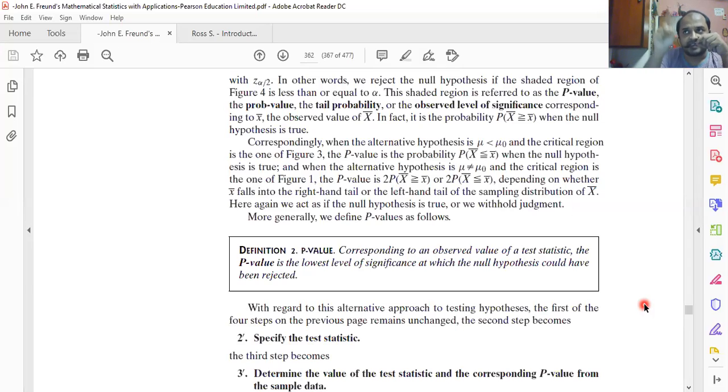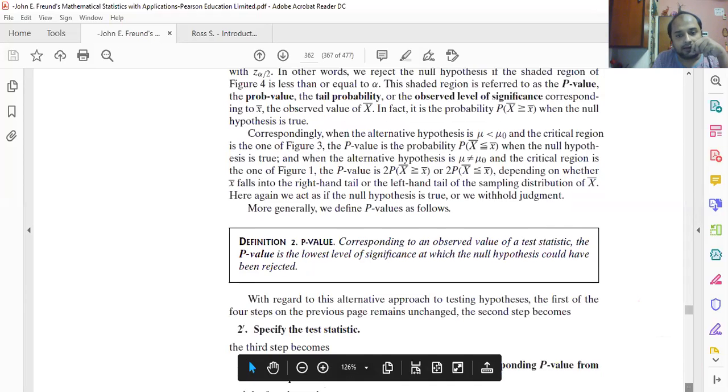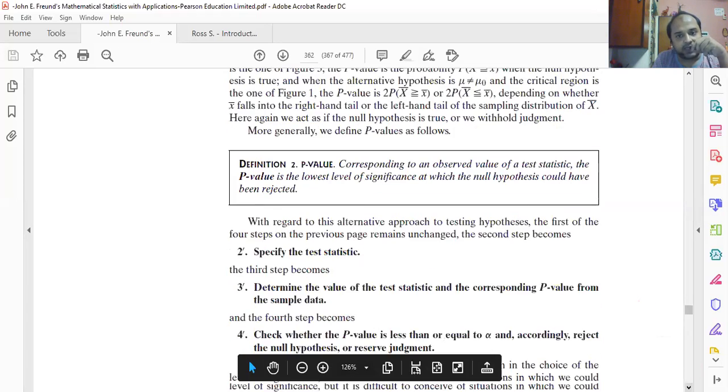So for a particular problem, if you take your level of significance lesser than that p-value, your null hypothesis will not be rejected. But if you consider your level of significance greater than that p-value, your null hypothesis will be rejected.